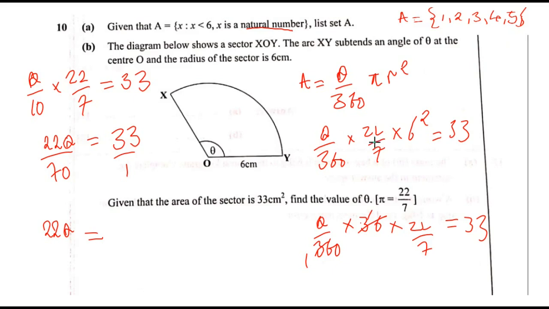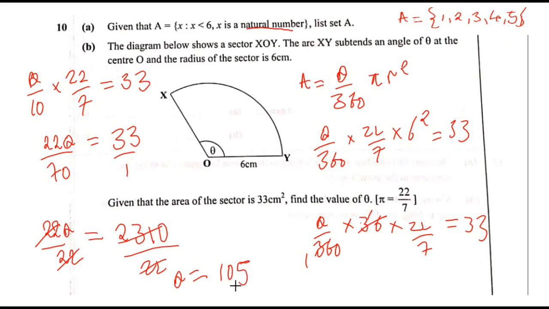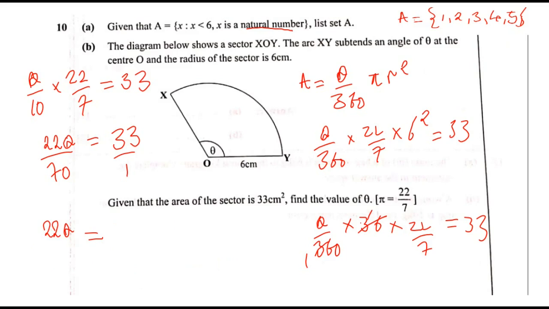We can add a 0 there, giving you 330, then 330 times 7 gives you 2310. Then you divide by 22 and divide this side by 22. So theta is equal to, 22 cancels, 22 into 2310, and that is 105.